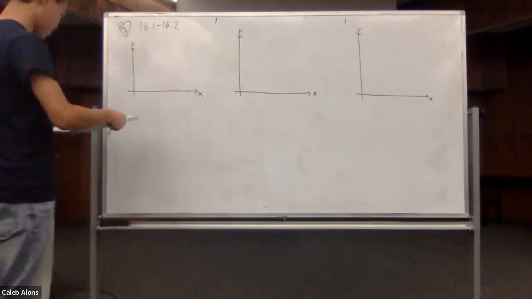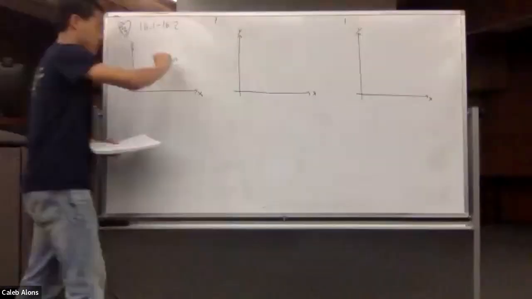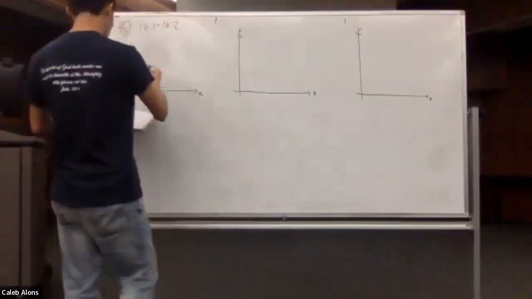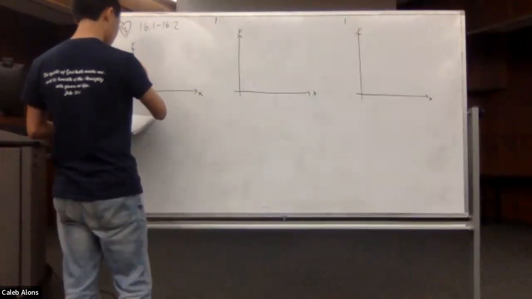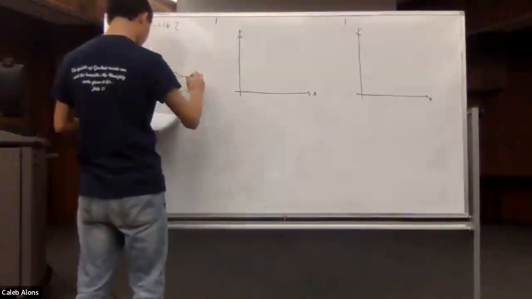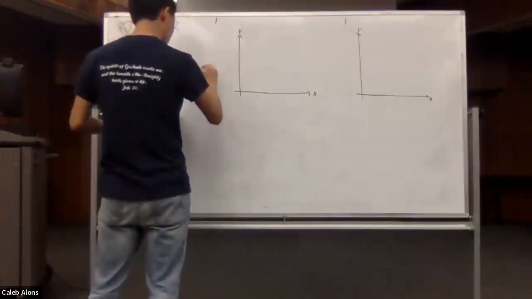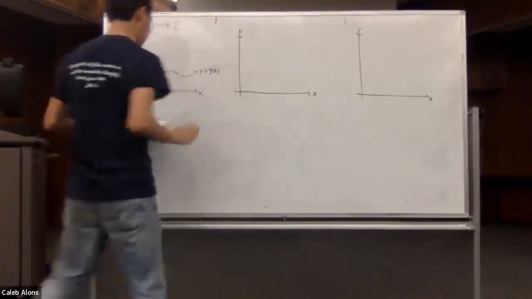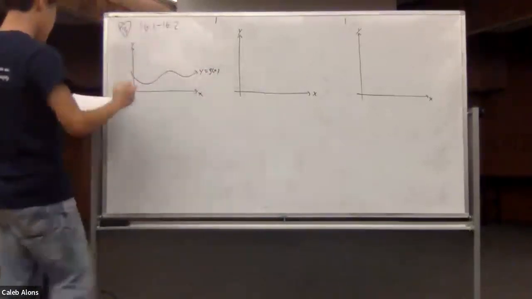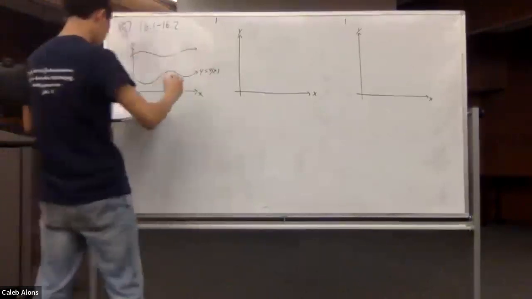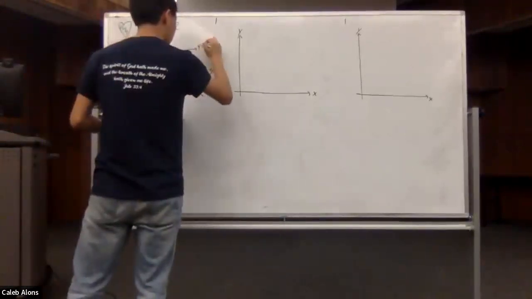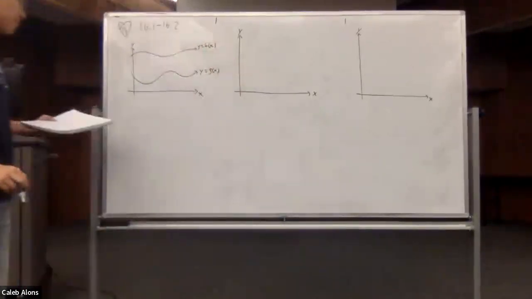So you're going to have some sort of a function with respect to x. Say I have some function down here, and this is y equals g of x. And I've got some other function up here, and this is y equals h of x.